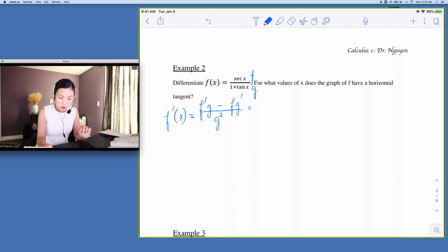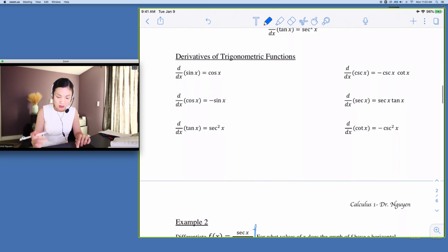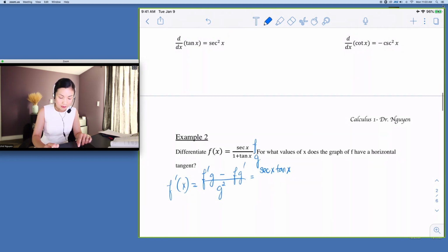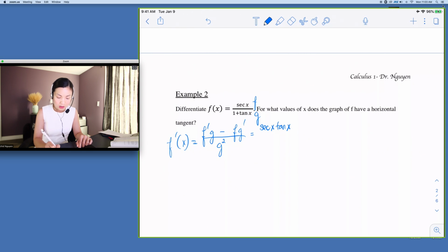Okay, so f is secant of x, the derivative is secant tangent. It's right there, okay? Multiplied by g.